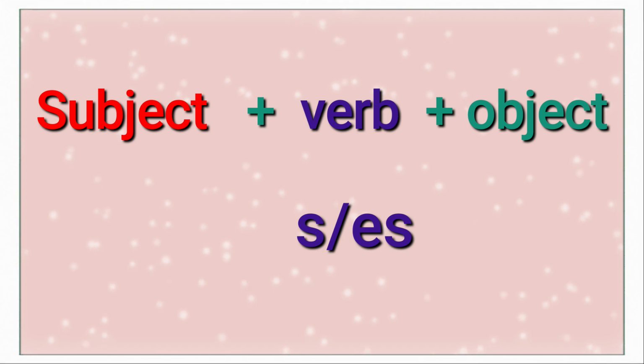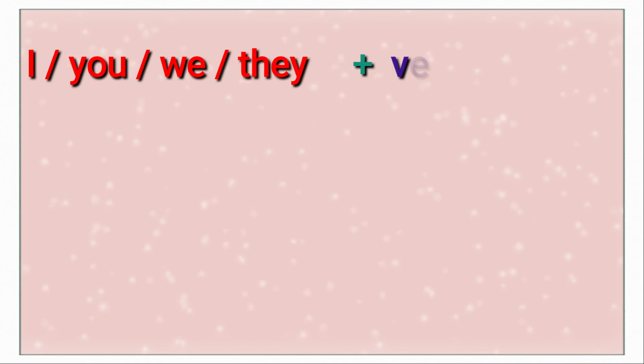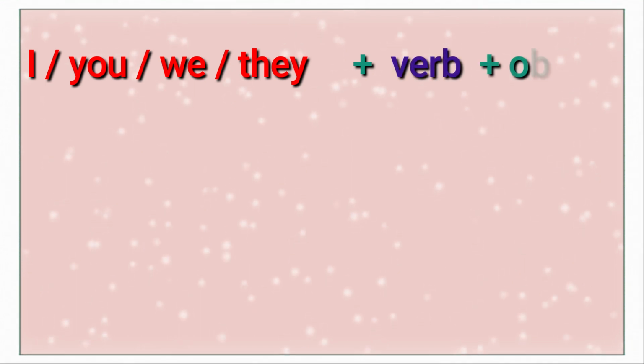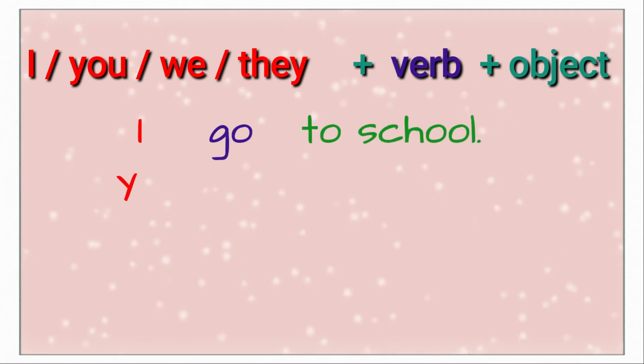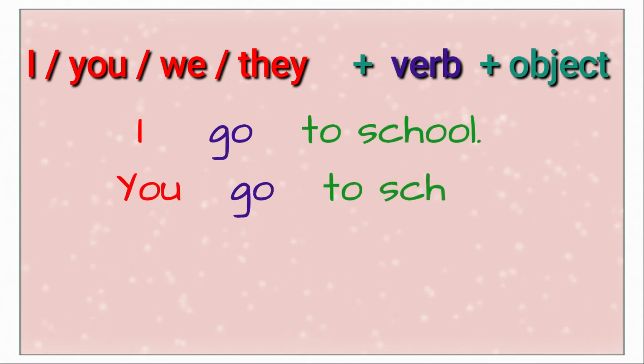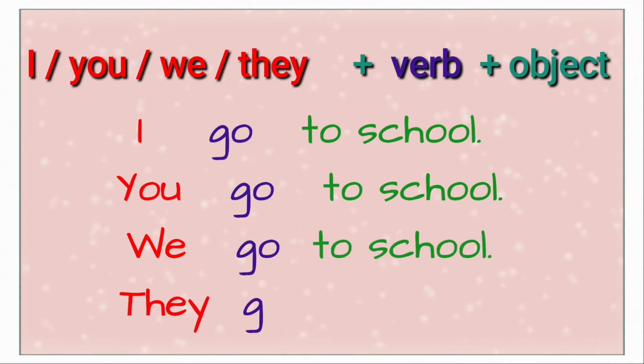Let's understand with few examples. When subject is I, you, we and they, then how will we frame the sentence? I go to school. You go to school. We go to school.